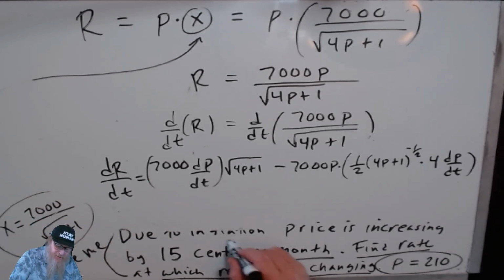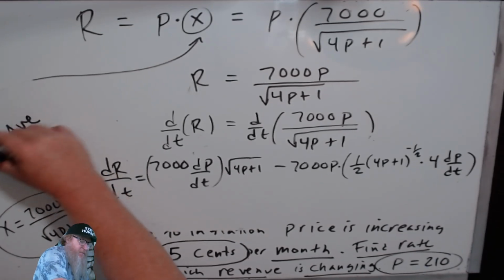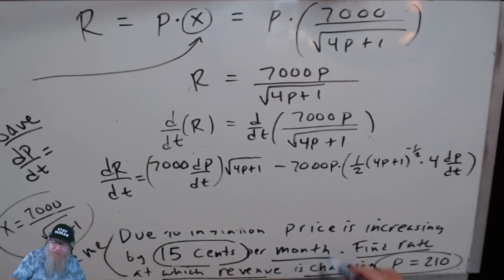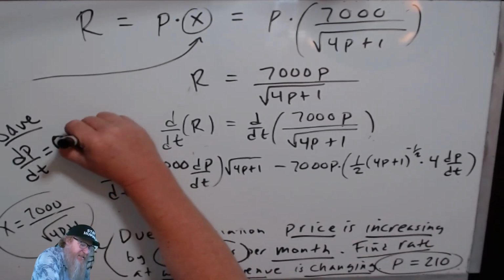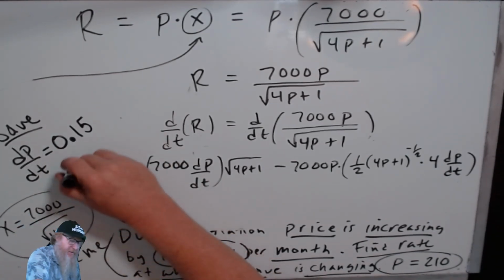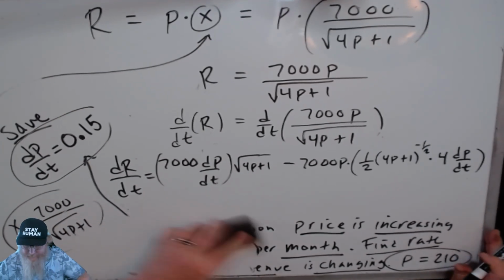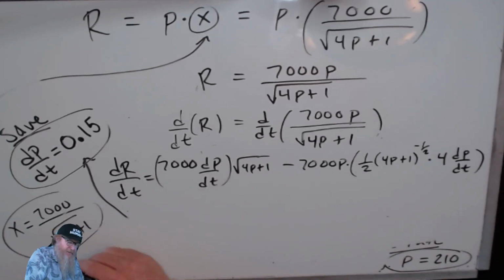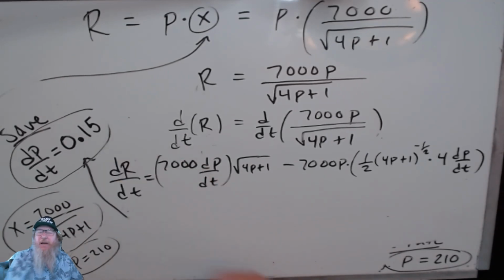I should also save this 15 cents here. I don't want to lose it. dp/dt, the rate at which the price is increasing, is 15 cents, which is a decimal 0.15. So I better save that too. I should probably also save this. P is 210. So these are all my saves for later over here.